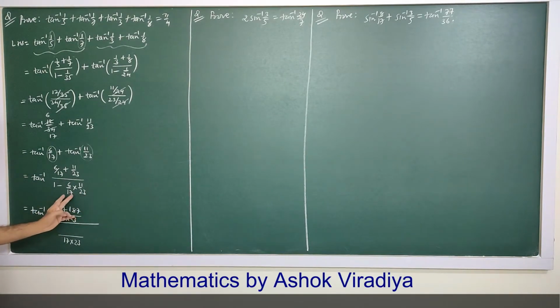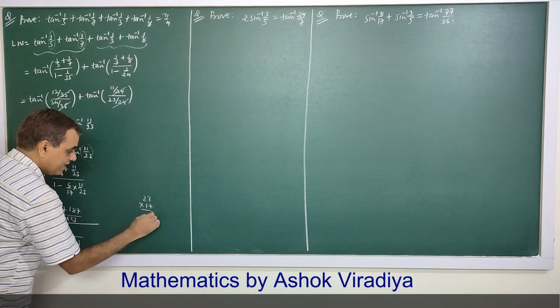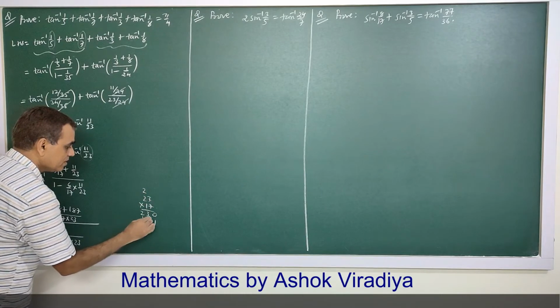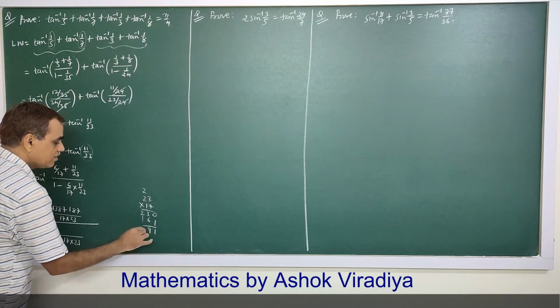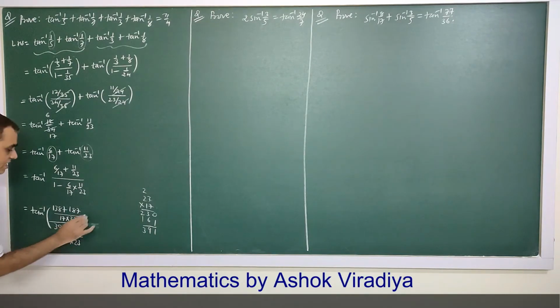Here 23 into 17 is multiplied with 1, that is 391. So 391 minus 66.